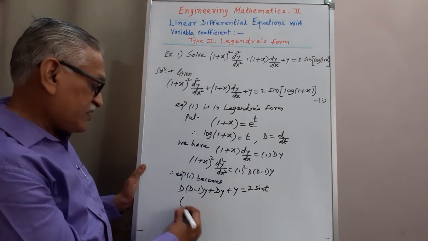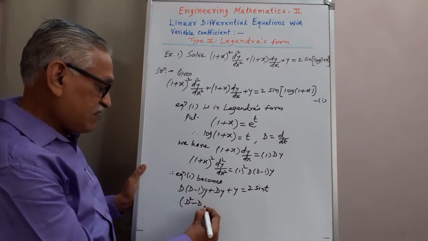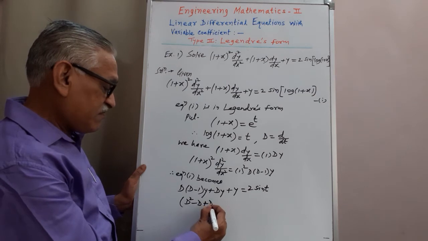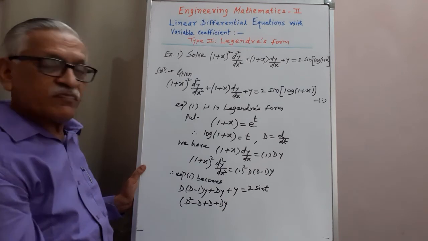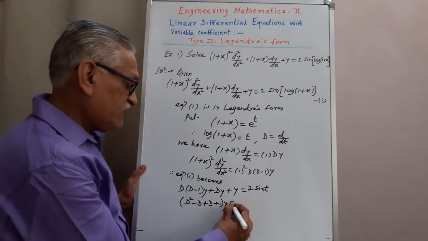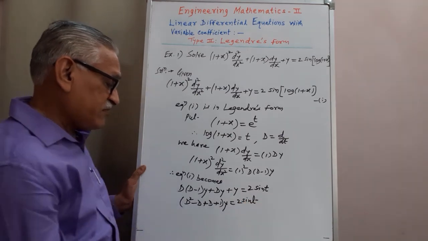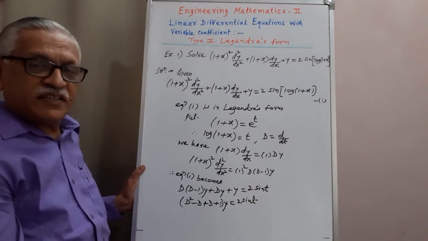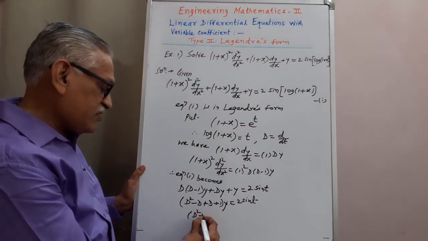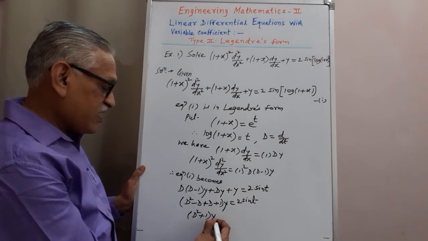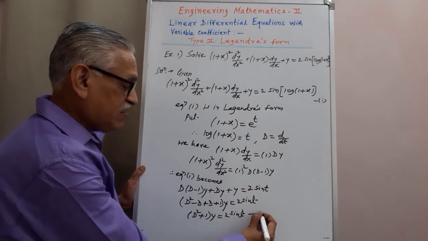Simplifying it further, it becomes D square minus D plus 1, taking y common from all, equal to 2 sine t. Plus D minus D get cancelled, we get the equation D square plus 1 into y equals 2 sine t, equation number 2.